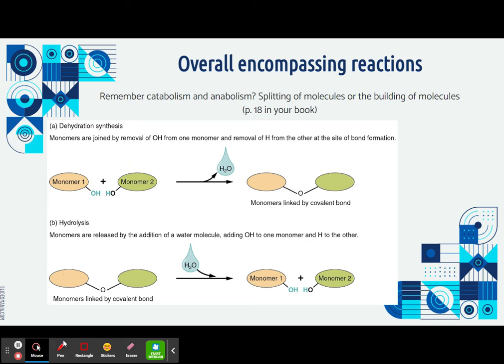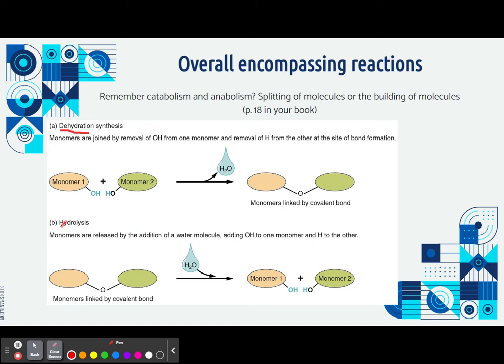Now think about the word dehydration. If you're dehydrated, you've lost water. So what happens is water is going to be formed out of this. You link them together by an oxygen molecule, hooking them together, and the water comes off. So it's dehydration synthesis.